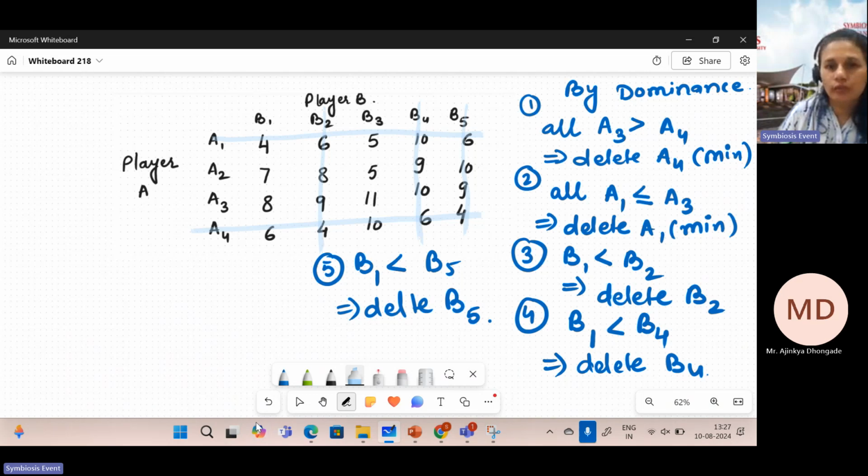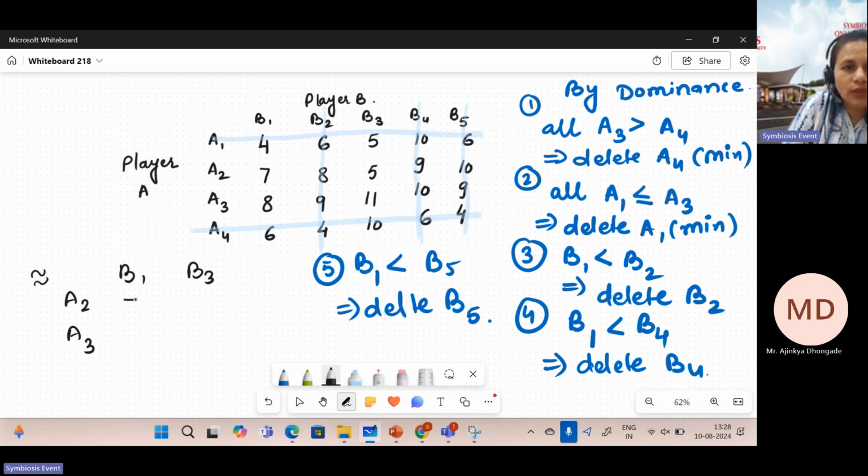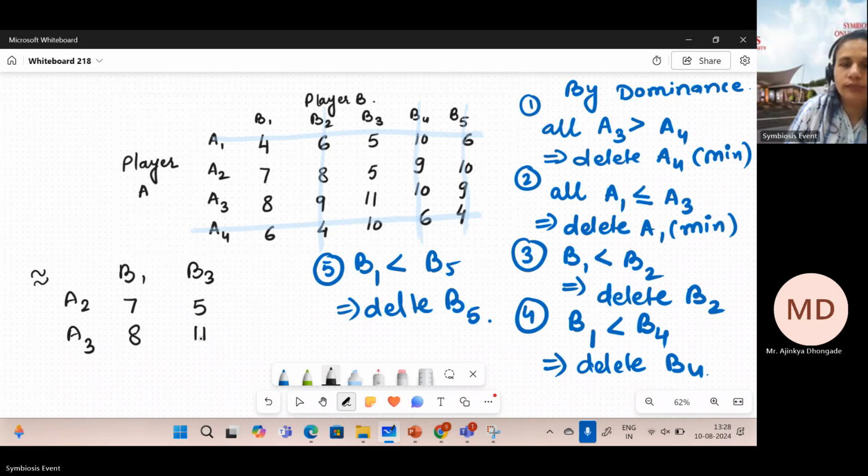So what is left? My reduced matrix is going to be with A2 and A3, and here I am left with B1 and B3 with figures 7, 5, 8 and 11. If you compare, 8 is greater than 7, 11 is greater than 7. So you are again adopting the row dominance.